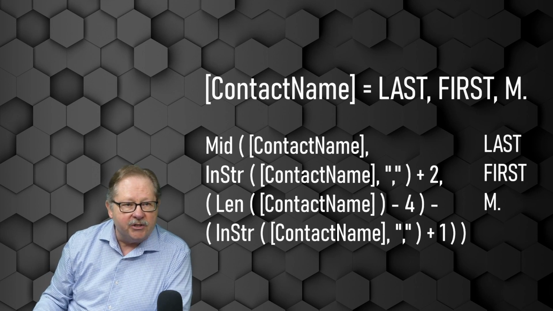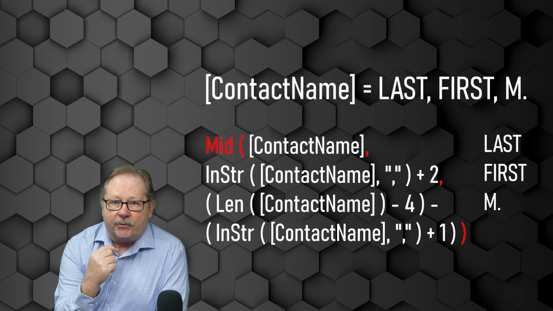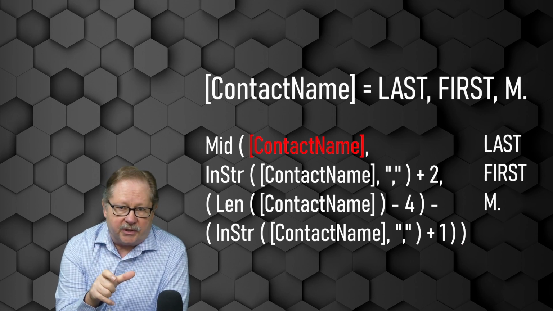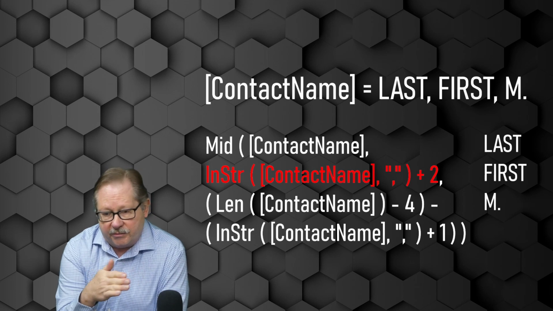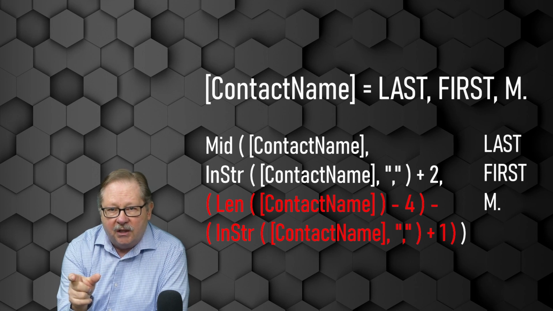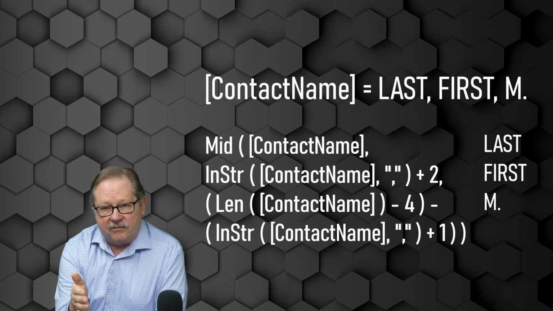So the challenge comes in calculating or figuring out this first name function. And notice this one gets a little bit lengthy. Now, what I'm going to do here is a midstring function requires 3 inputs. Those 3 inputs are the text that you're going to parse, the start number that you're going to start at, the number of characters into your field, and then the number of characters you want to retrieve. Well, that's all in the middle of the string, and I need to calculate that on the fly.